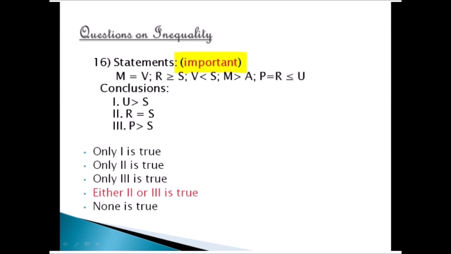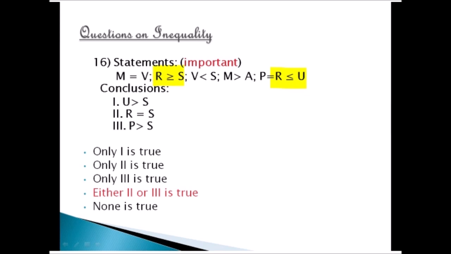So my first conclusion says U to S. So my starting point is U and destination point is S. Then I can move from U to R, then from R to S.